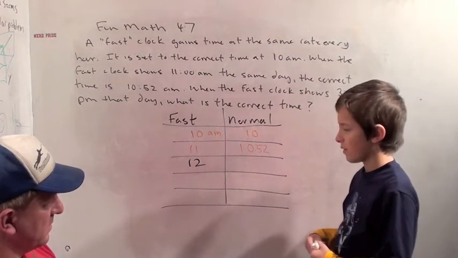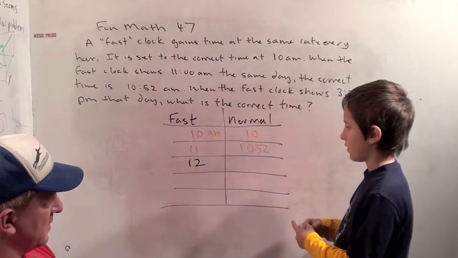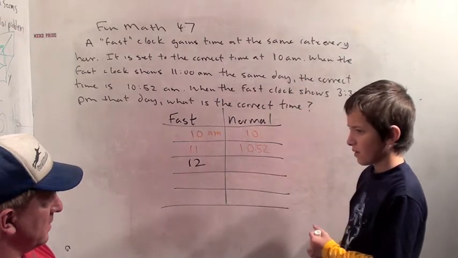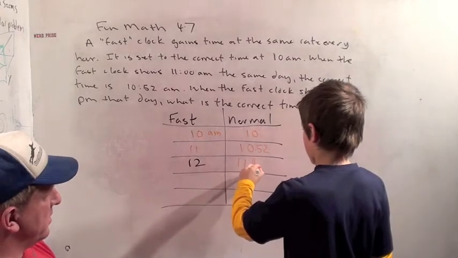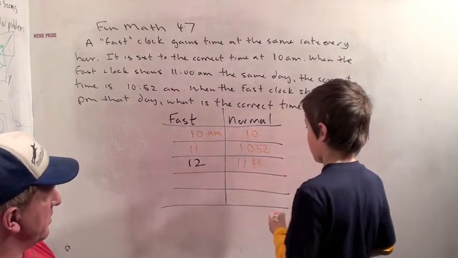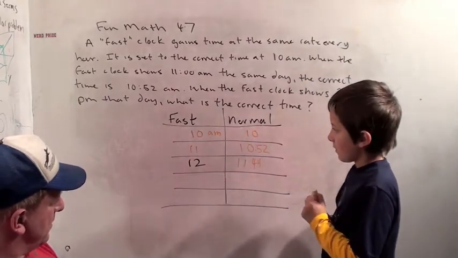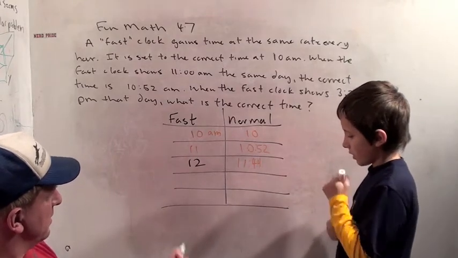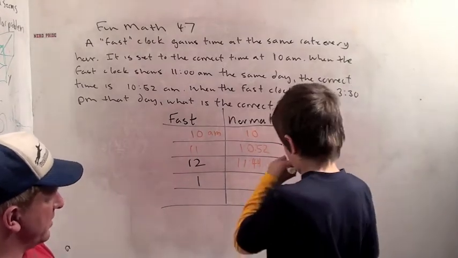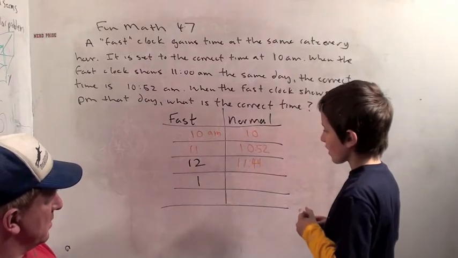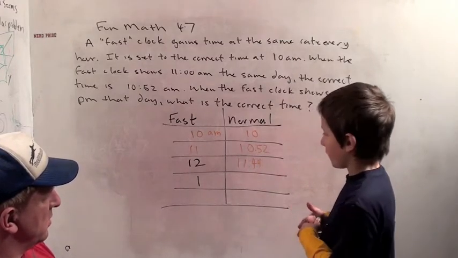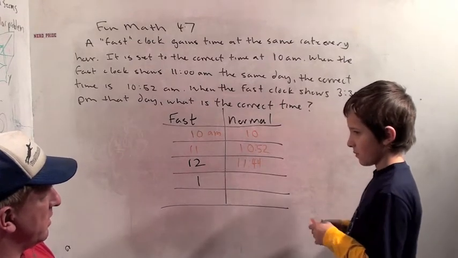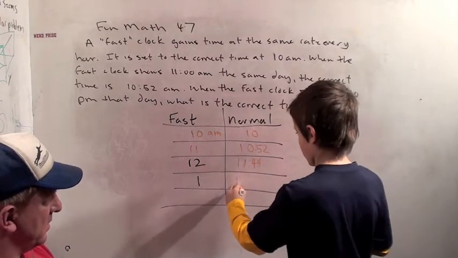Is that right? Yes, 11:44. So it loses another 8 minutes. What's next? And then at 1 o'clock, what time is it going to be? It's going to be 12:36.